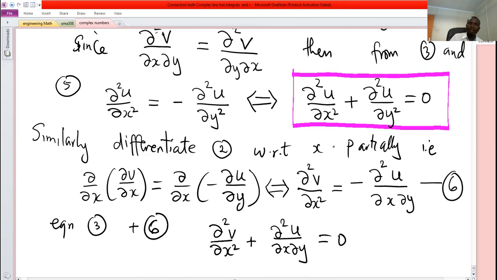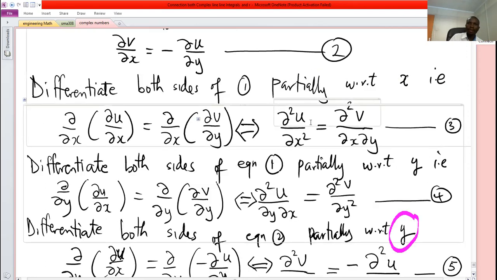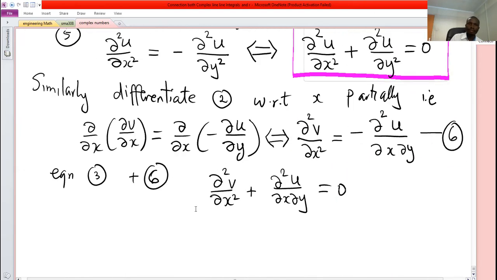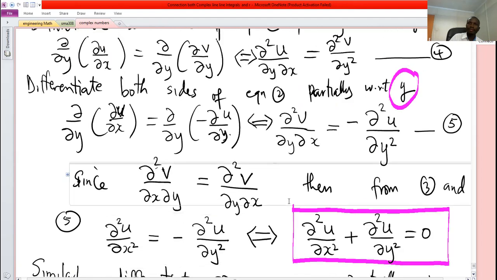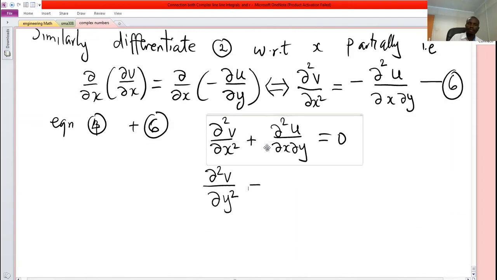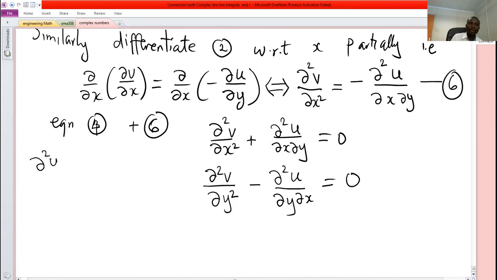Note that partial squared u partial x partial y is equivalent to partial squared u partial y partial x.